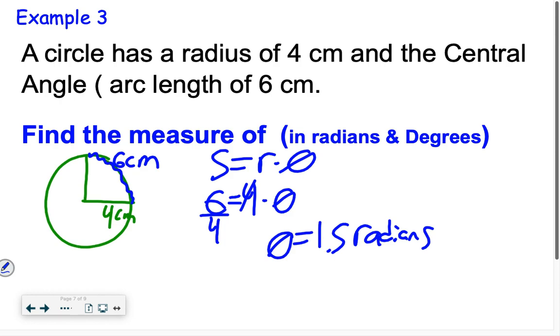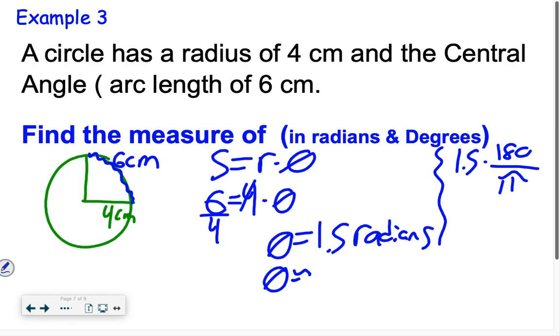So to convert to degrees, you have 1.5 times, well, do you guys remember, if we're converting to degrees, we definitely need the pi on the bottom, because usually we're canceling out pi, and 180 on top. So you do 1.5 times 180 divided by pi. And the angle measure is about 85.944. And that would be degrees then.